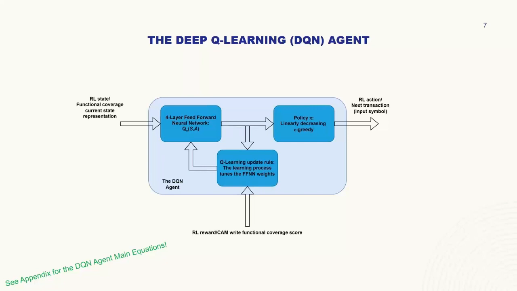So basically, sometimes I choose the output of the maximum action that gives me the maximum value of my action value function, and sometimes I choose a random action, and this will be my next action, my next transaction.